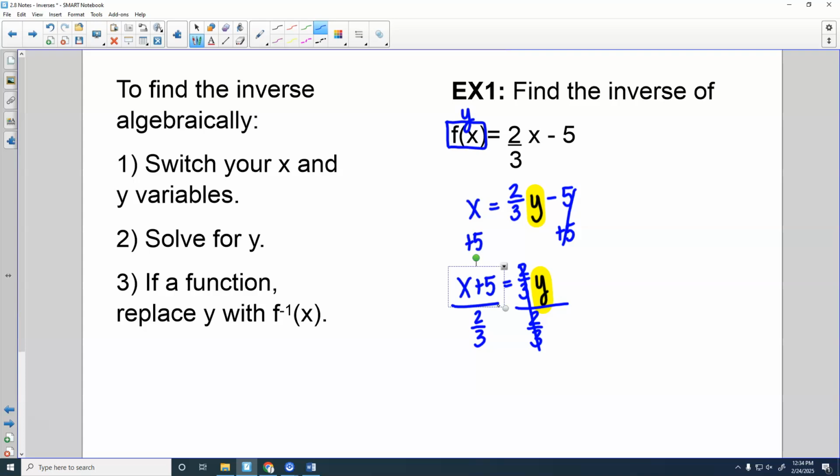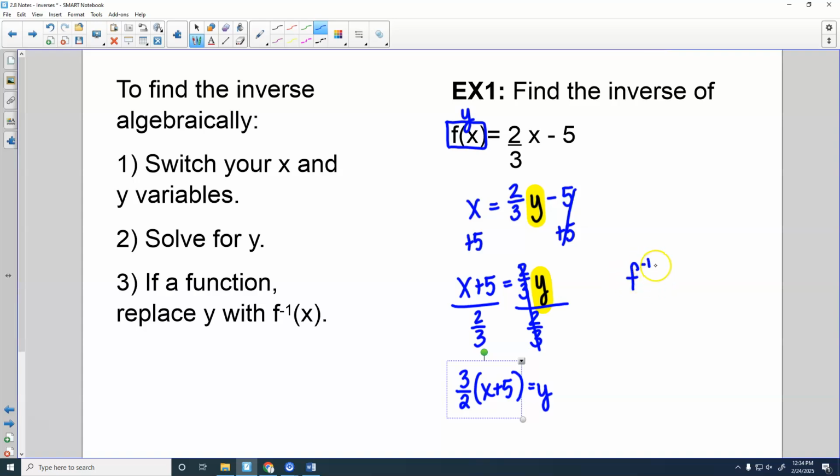So you can just do that from the beginning, like you said there, James, and it will be easier because you're going to flip that 2/3 if you divide, so you get 3/2 times x plus 5. They may or may not distribute that, and they will usually write it back with inverse notation.